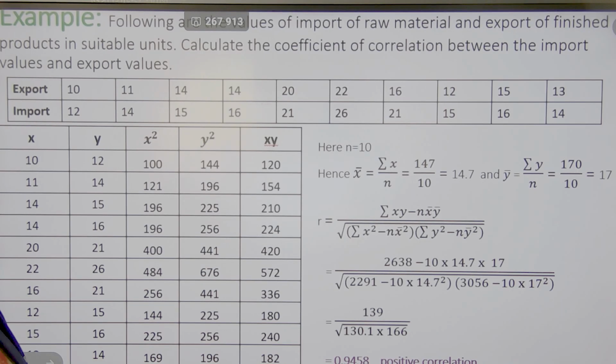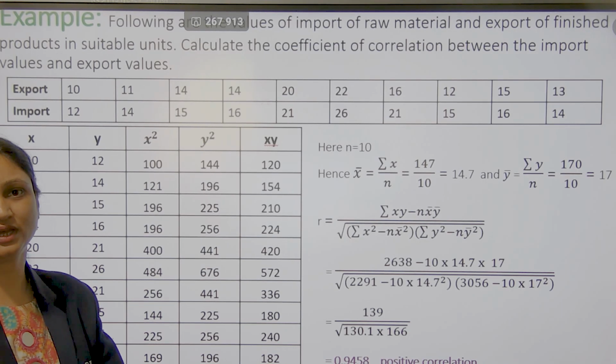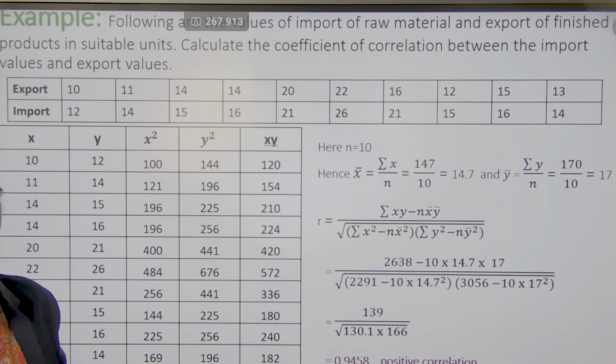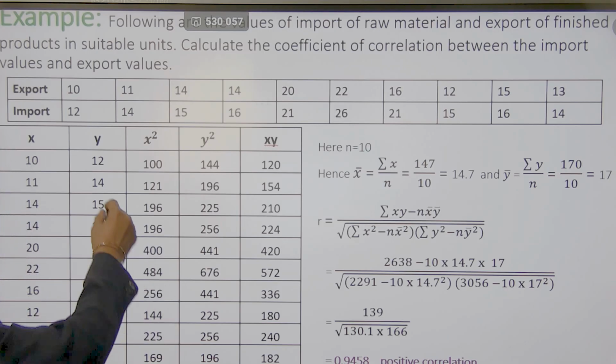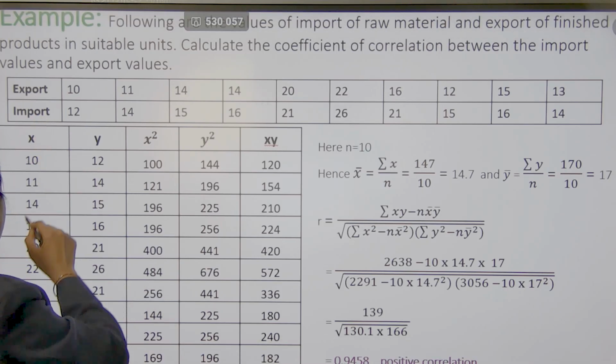So let us take one example. Here we have given the import of raw material and export of finished products in suitable units. We have to calculate the coefficient of correlation between the import values and the export values. These are the import values and these are the export values.